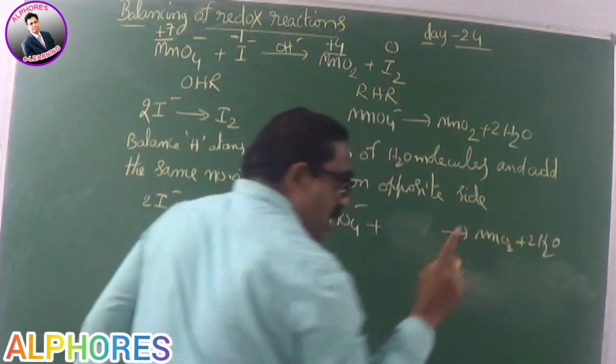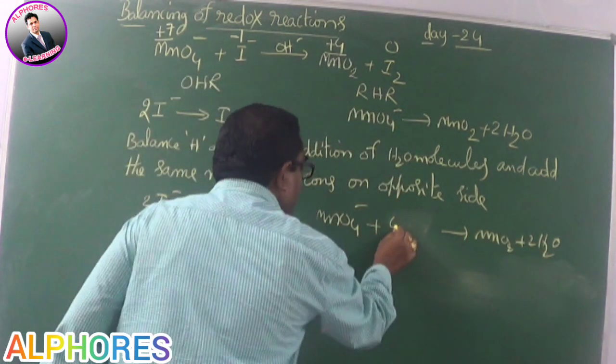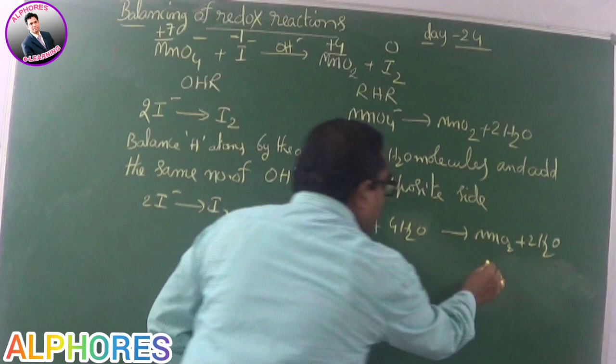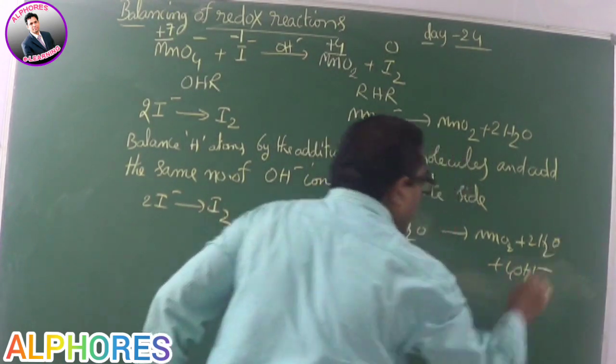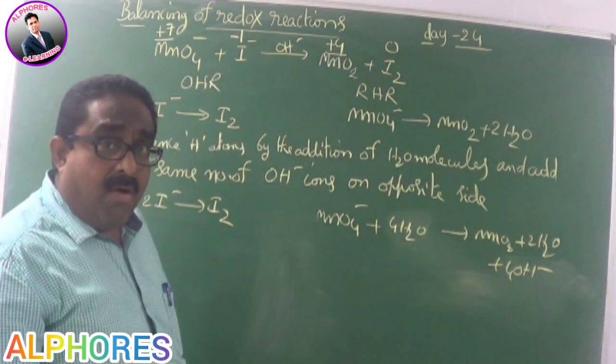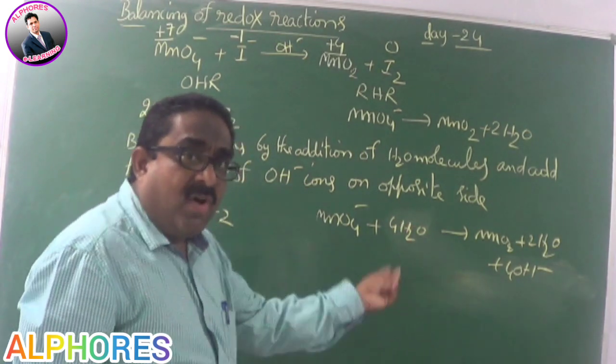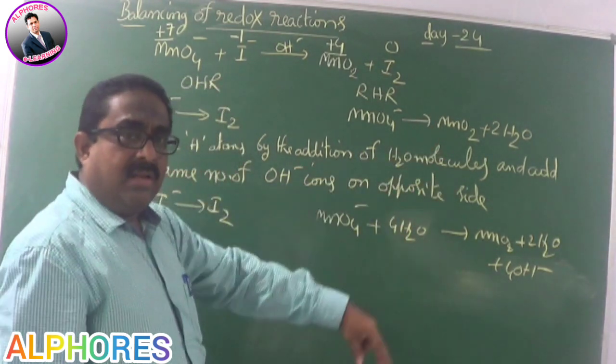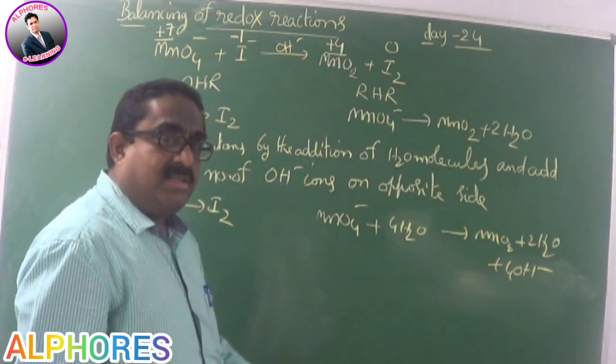2 into 2, 4 hydrogens. So you should balance with 4 H2O, and immediately on the opposite side you have to add 4 OH minus, and you have to further simplify the equation once again within the same step. That is the major importance of balancing in basic medium.